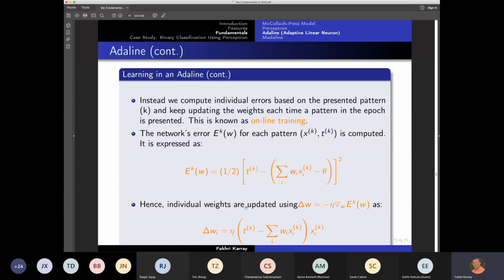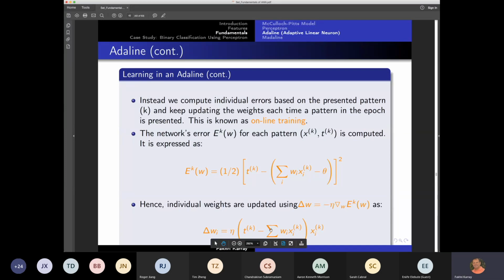And then the individual weights are updated using delta omega equal to minus eta times the gradient with respect to Ek(w), as you can see here. And the value for this particular system is this particular form. This form is not extremely far from what we have seen earlier. The only difference, as you can see, is in this particular component.